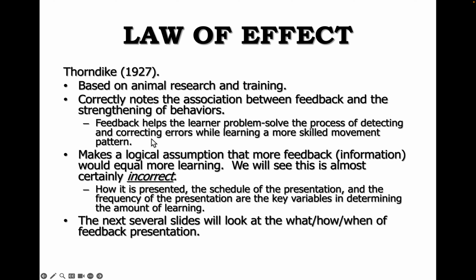So what feedback does is help the learner. In his case it was animals, but us as coaches, looking at our athletes, helping them problem solve, is the process of detecting when errors are occurring and correcting those errors when learning some sort of skilled movement or pattern.